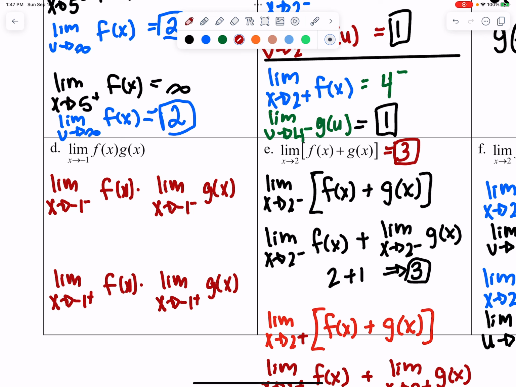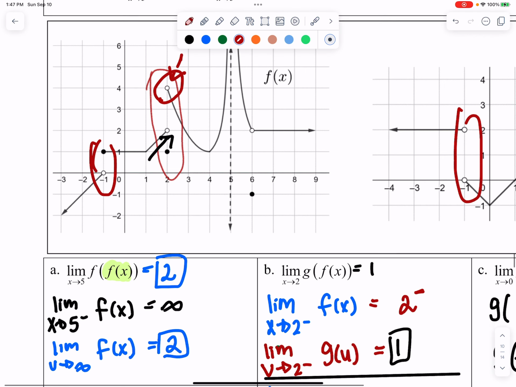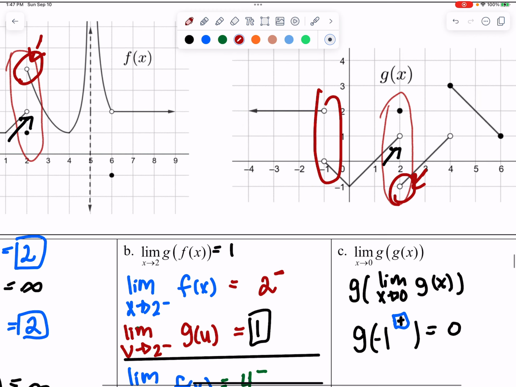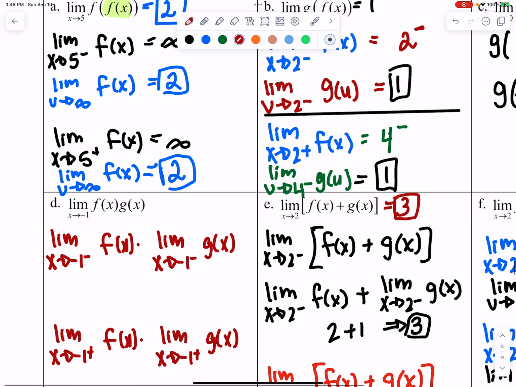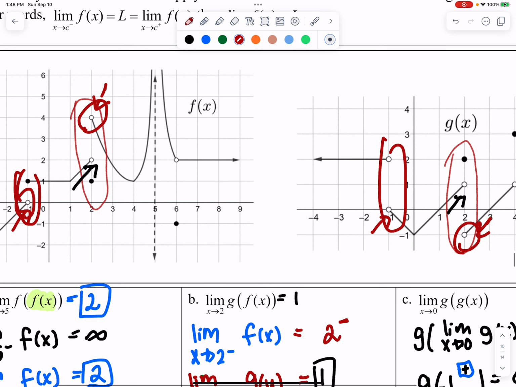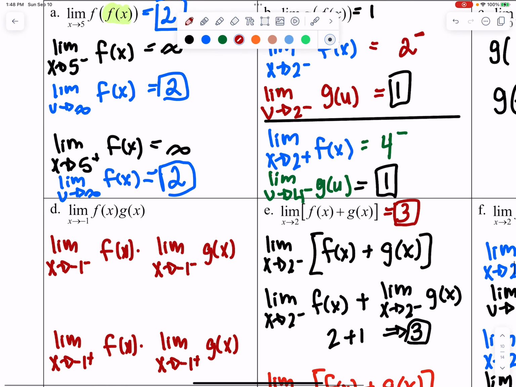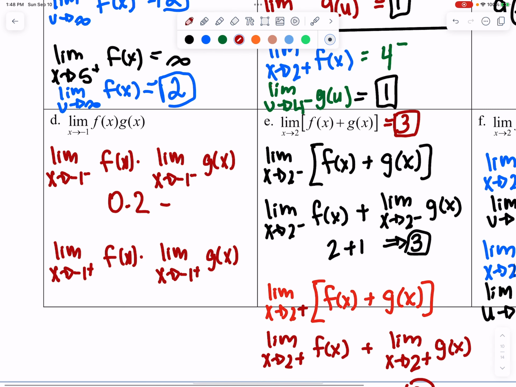Okay, so let's look at -1 from the left for both f of x and g of x. Negative 1 from the left will give me 0. -1 from the left will give me 0. Oh, nope, sorry. Not 0, 2. So 0 times 2 is 0.